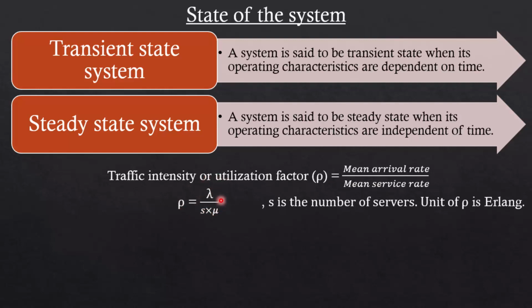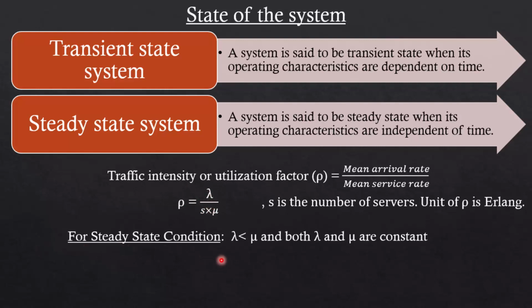Here lambda is the mean arrival rate, mu is the mean service rate, and s is the number of servers, and the unit of rho is Erlang. For a single server model, the value of s will be 1, so the utilization factor rho will be lambda by mu.